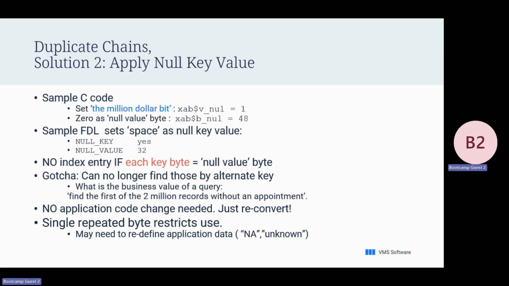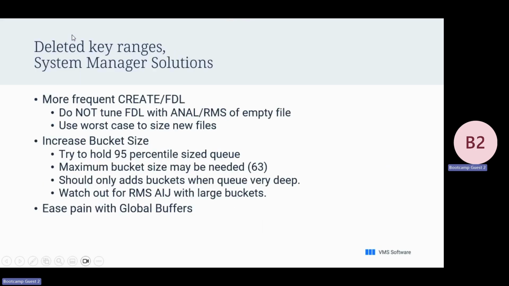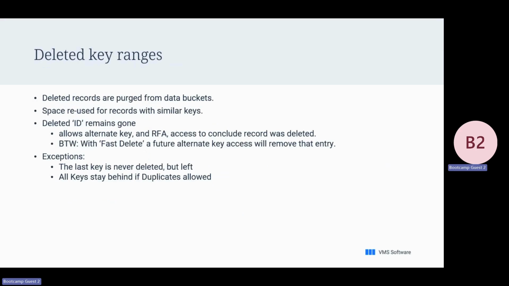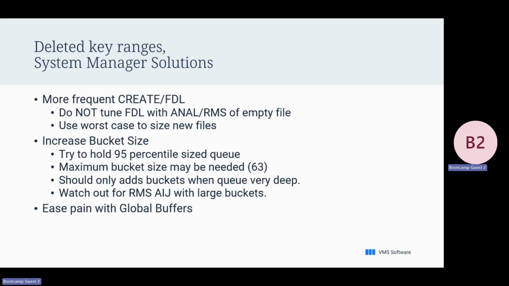I should be able to prompt to it. It doesn't matter. The good news is, I have 5 slides for this subject: deleted key ranges, how they come about, how you can detect them, the example, and what you can do about it.